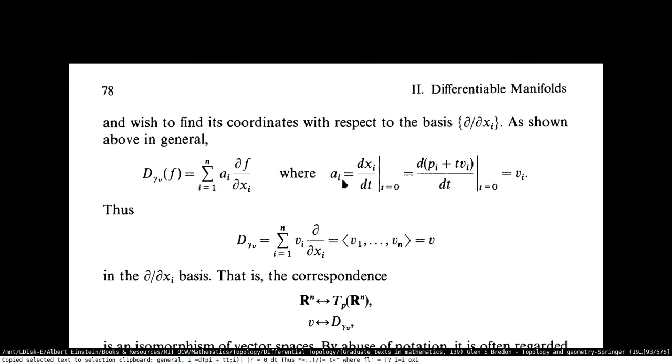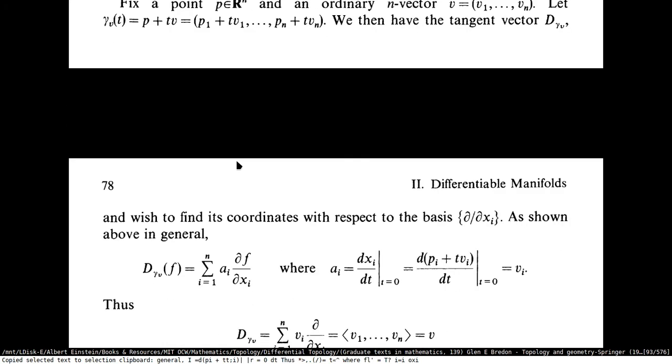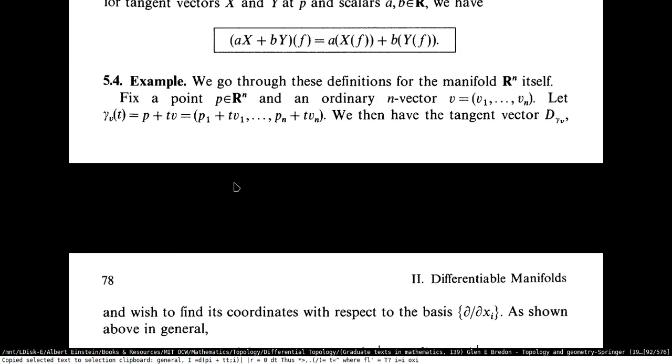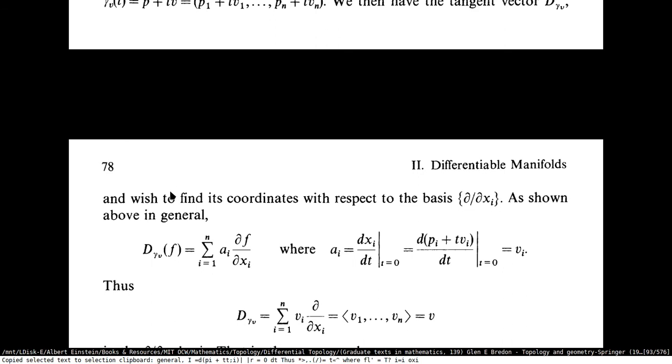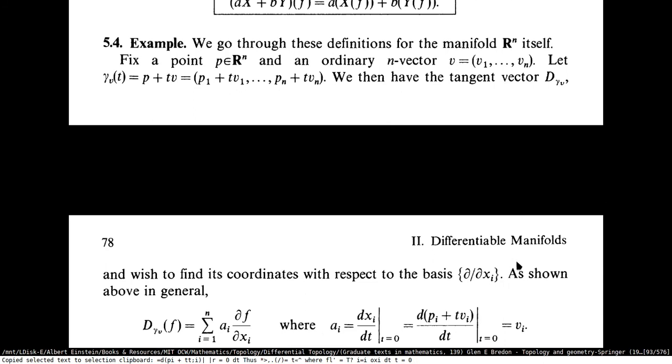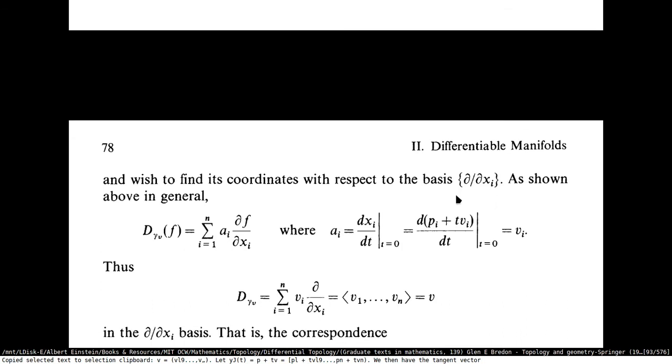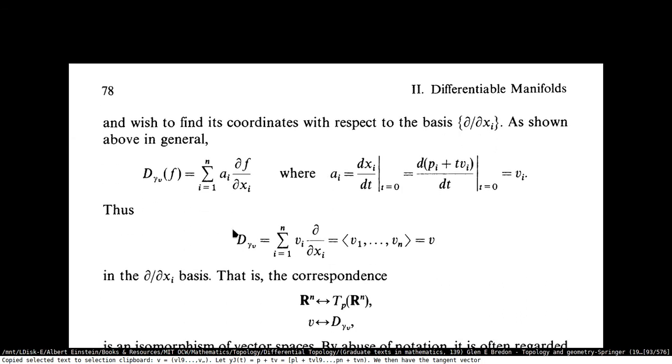Here your a's are these derivatives of xi over dt when t is equal to 0, and your xi's are going to be in the curve, so essentially you get at the end the vi's, the components of the vector, and thus this directional derivative is equal to v.